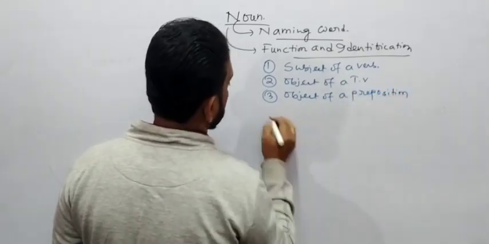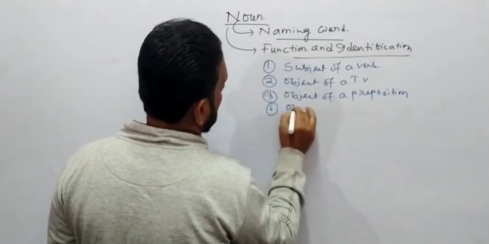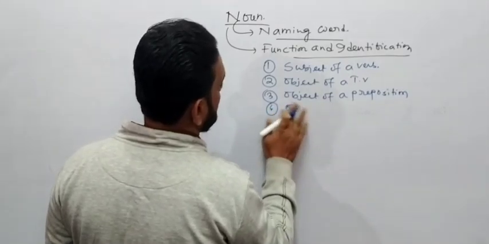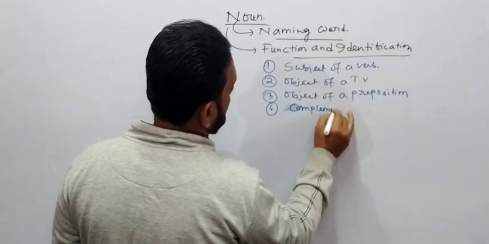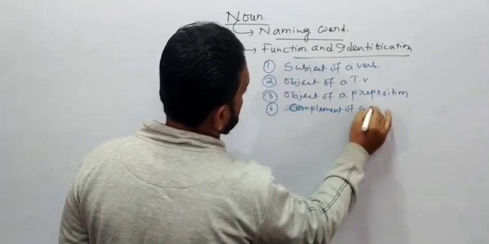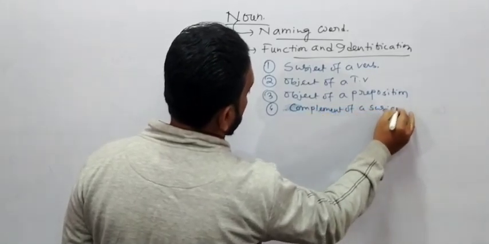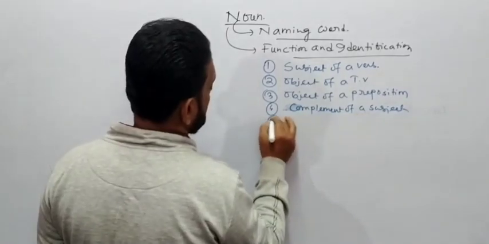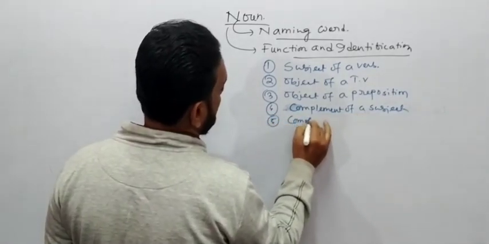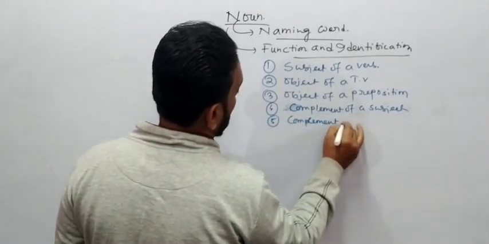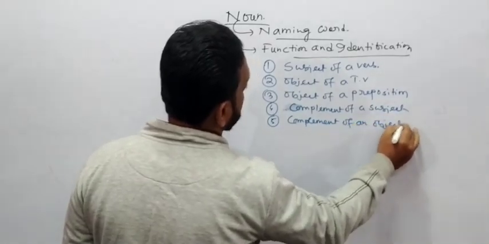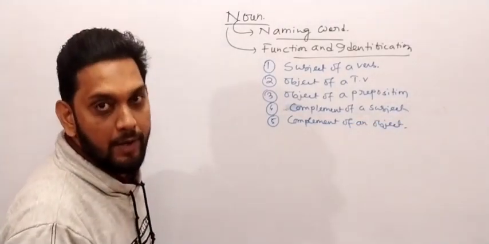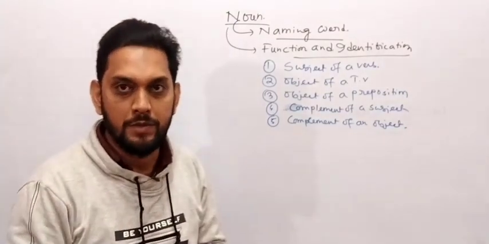Fourth one is complement of a subject. And fifth one is complement of an object. These are the 5 functions of a noun.